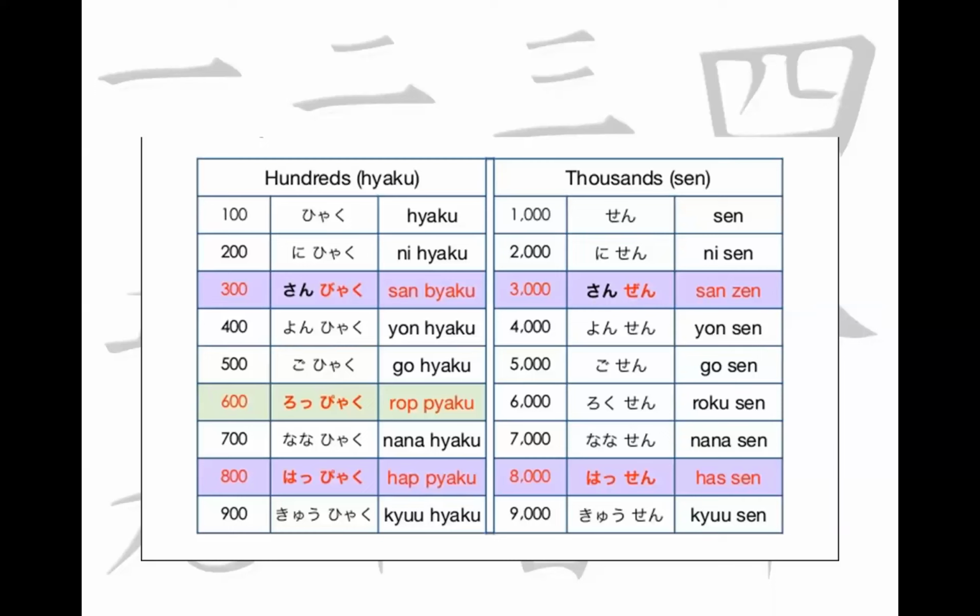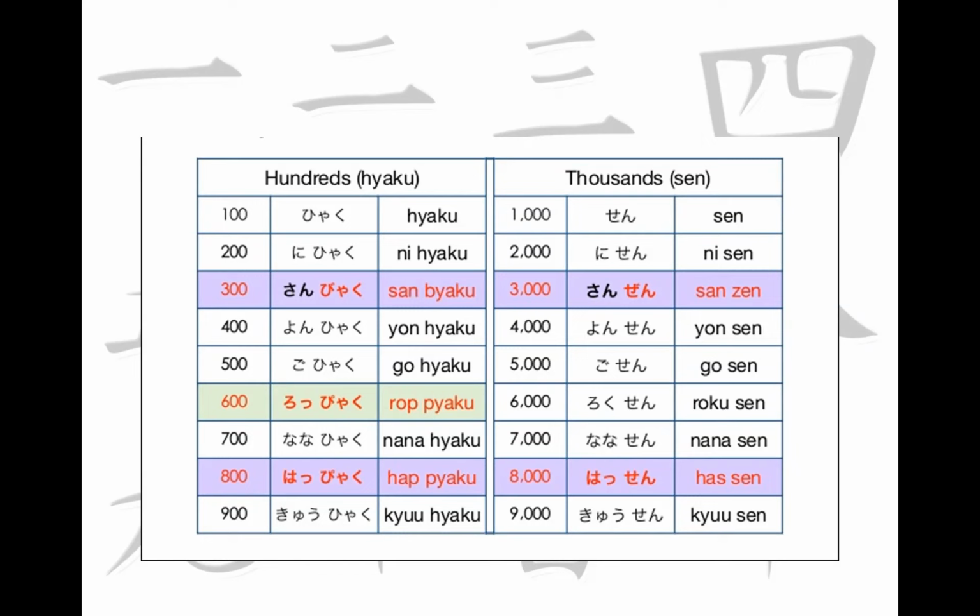No need to pronounce the ichi. It's just sen, okay? So let's move on. 2,000, ni sen. Again, ni sen. 2,000. Now, for 3,000, san zen. Again, slowly, san zen. 3,000.